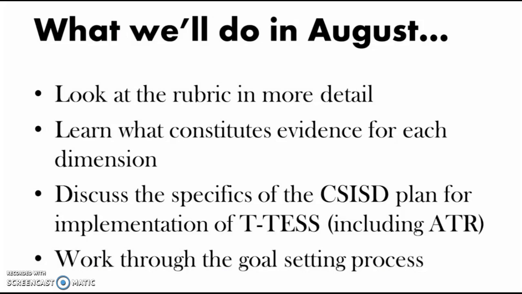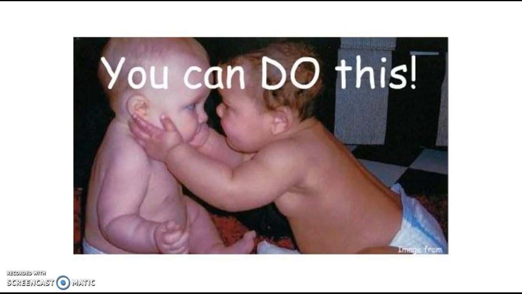We're going to talk about how this looks for ATR individuals, because not everyone will be on the full-blown T-TESS, just like not everyone was on the full-blown PDAS. Not everyone will be on the full-blown T-TESS evaluation process and growth process, but there will be components of T-TESS implemented into ATR. And then we will be working on that goal-setting process, because that is the key to the entire T-TESS system, is goal-setting and continuous improvement.